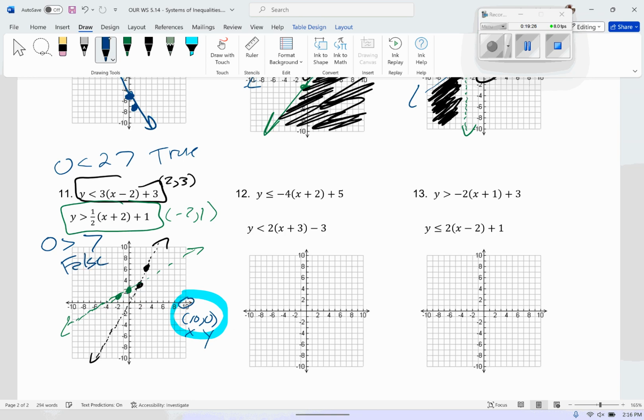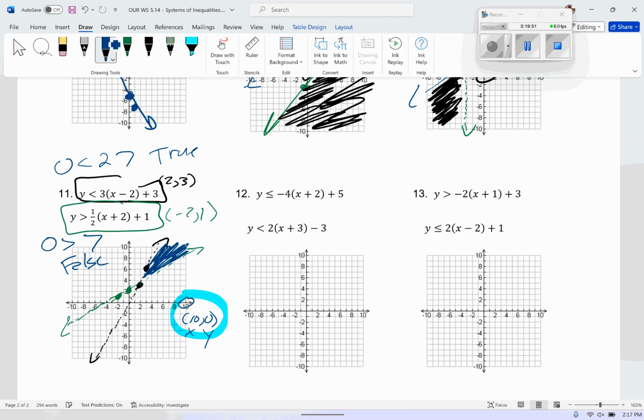All right, ready? On the black, I'm shading the side that 10, 0 is on. For the green, I'm shading the opposite side. It's this region right here. It's right up here. Yep. Okay.